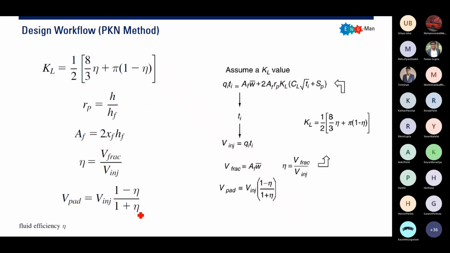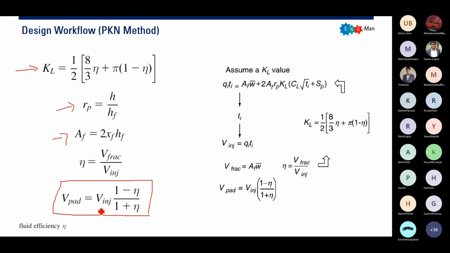And fast forward, we now have this calculation. Okay, we calculate the KL and then a parameter called RP, and then AF and so on and so forth, so that we can get this important parameter, the volume of the PAD fluid.